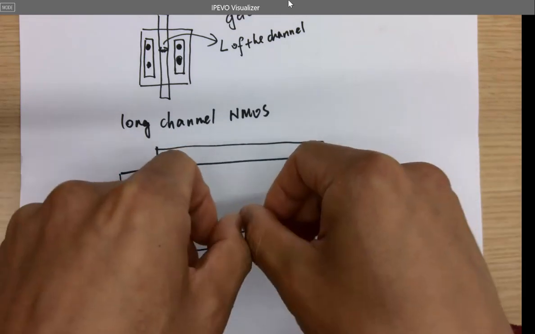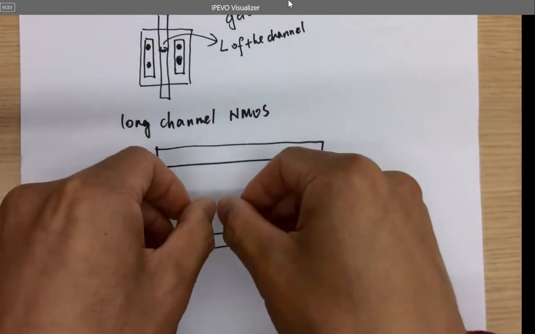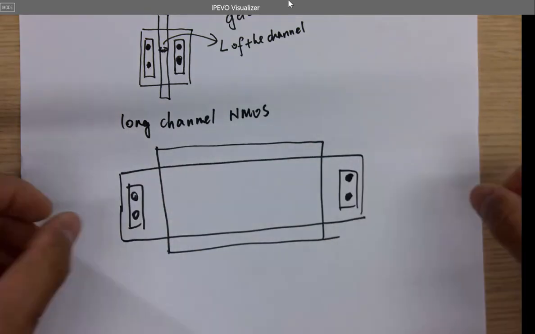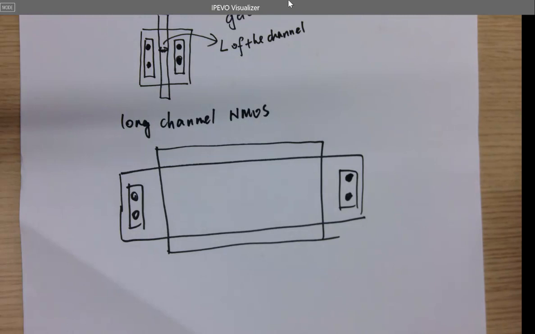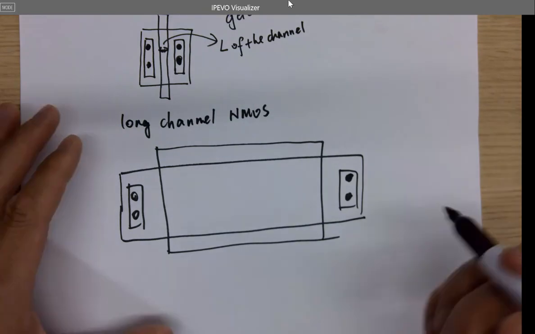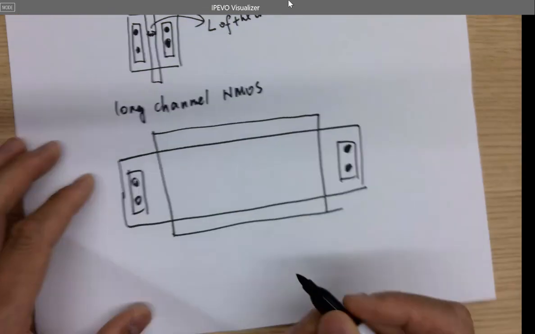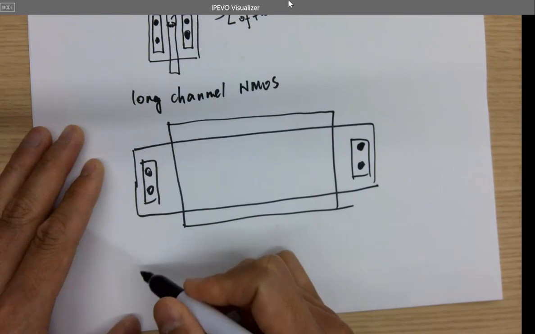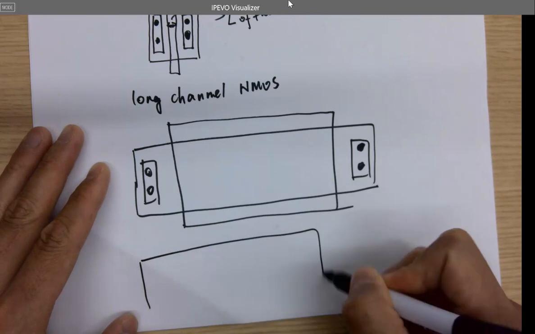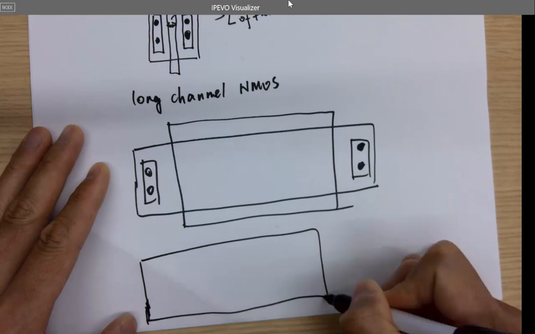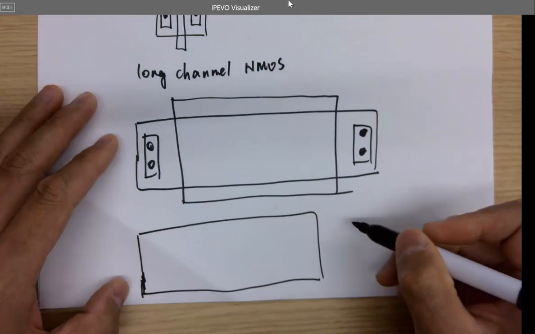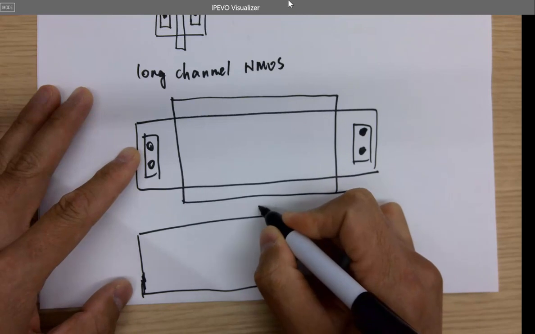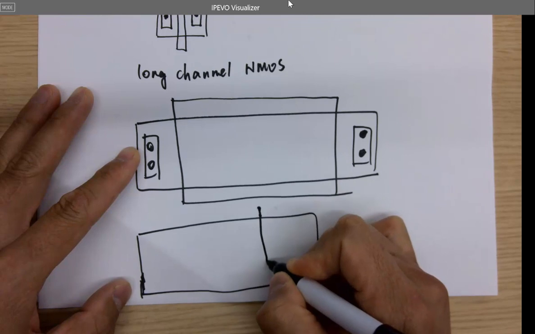But what if it's super long? Then you have to extend it in one direction, but you do have a limit eventually. So there's another way to do that. For example, you just make a diffusion here, the same footprint, and then you draw your gate in this way.